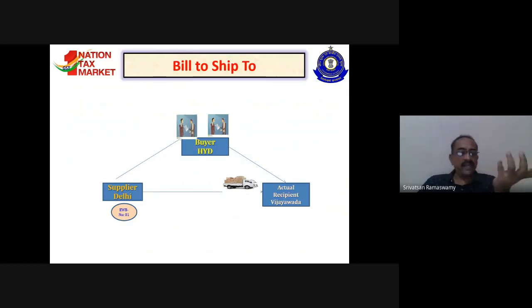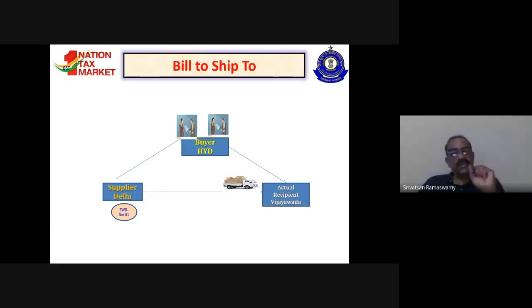It doesn't make any logistic sense for me in Hyderabad to receive the goods from Delhi and then send them from Hyderabad to Vijayawada, because I'm not going to use it. It is the person in Vijayawada who is going to use it. So I can always order my supplier in Delhi to directly deliver it to the person in Vijayawada. Then what happens?